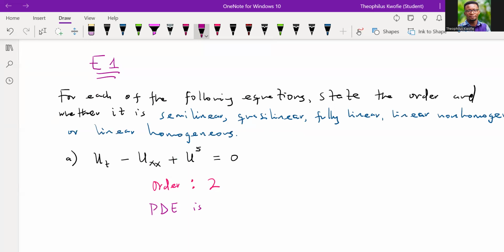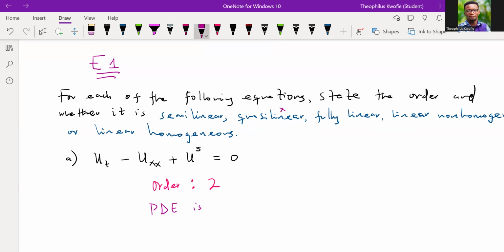Remember, we said that with the quasi-linear PDE, if A_j contains the solution u and it's multiplying the partial derivative of u, then we claim that it's quasi-linear. But over here, we don't have that. We don't have any solution u multiplying the partial derivative. So on that note, quasi-linear is out.